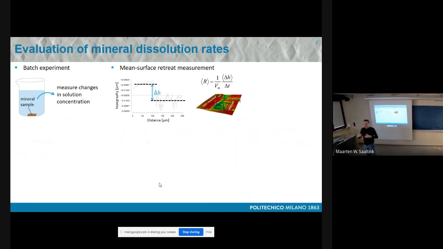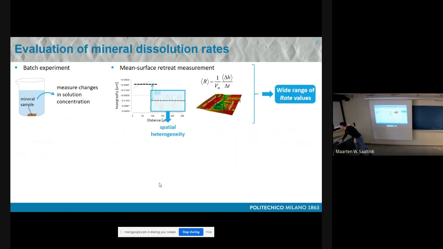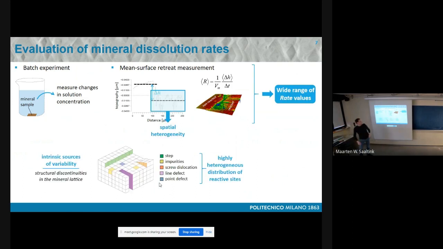You measure the roughness of the surface several times, okay? And you come up with several pictures in time of topography. You can use those differences in topographies and come up with estimates of reaction rates.